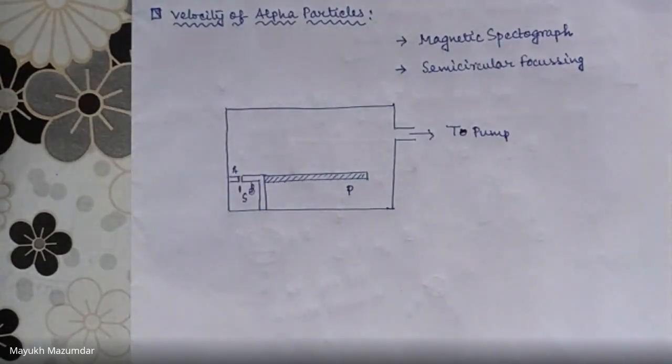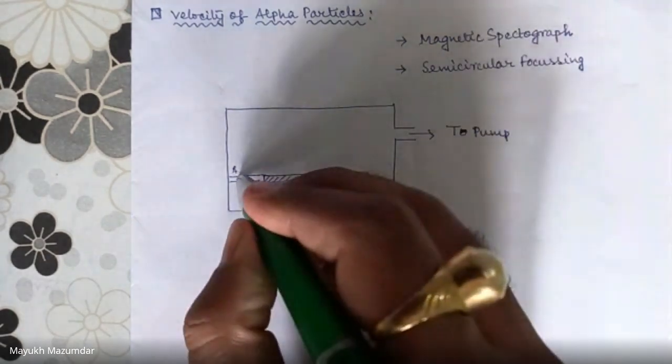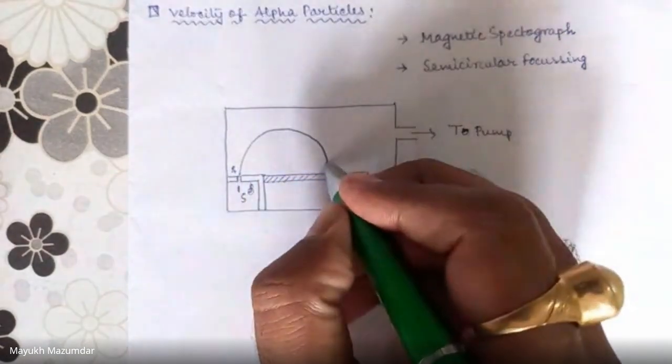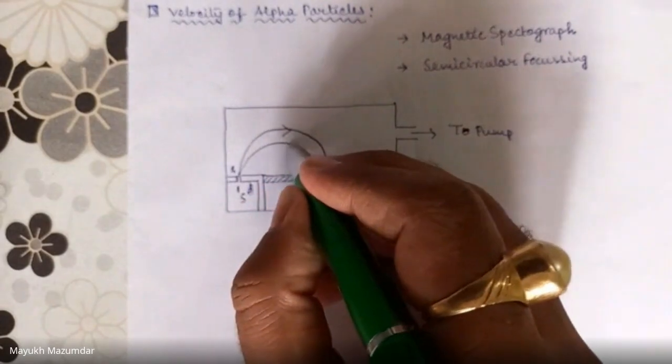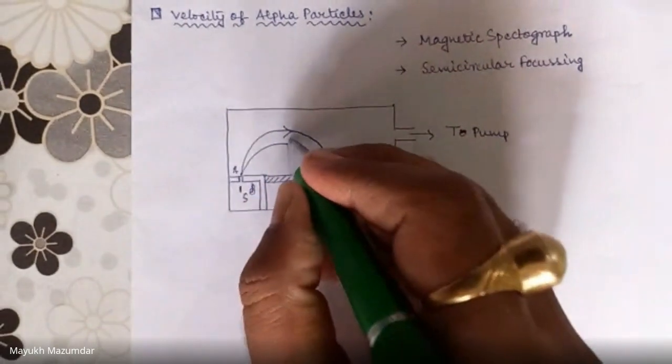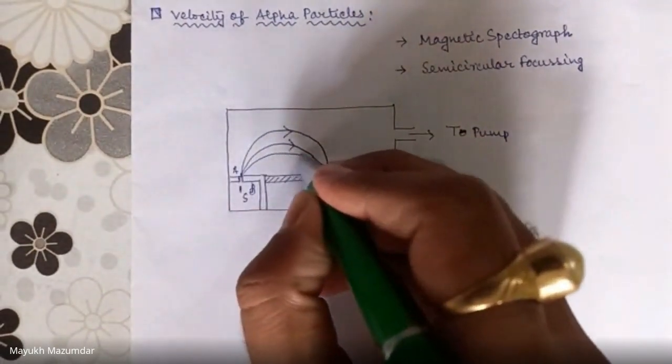Okay, so you can apply the right hand rule, then you can see the deflection of the alpha particles. So if we do that, we'll see that the stream of alpha particles will traverse a semicircular path and they will meet at a point.